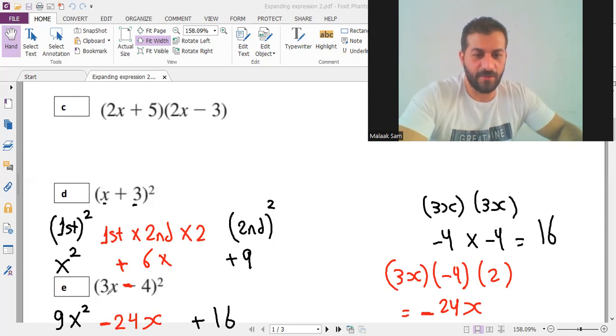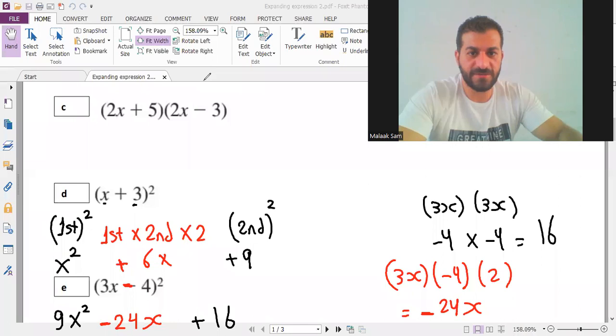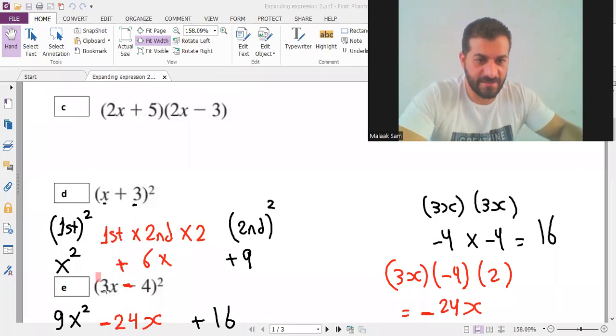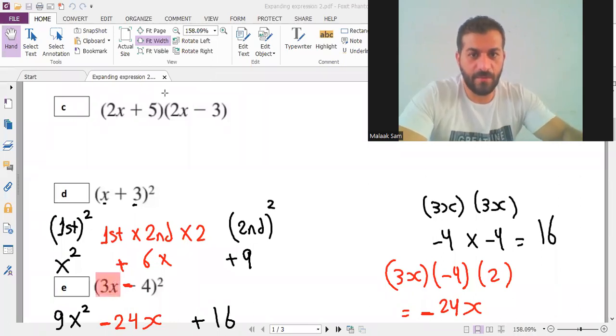The first multiplied by the second. I mean by the first 3x, I mean by the second negative 4. So I multiplied 3x by negative 4, which is negative 12, multiplied by 2, negative 24x. That's it.